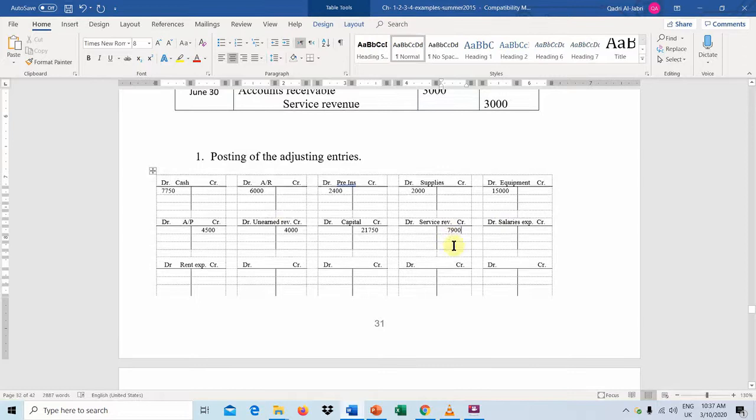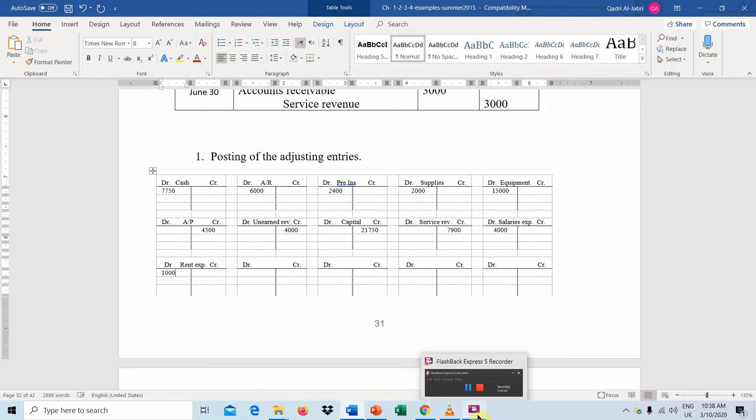Then the expense, the first expense, I have debit for 4,000 and rent expense debit for 1,000. Okay, so all what I have done so far is taking the balance from the trial balance and putting it in the ledger. Now next step, I will check these journal entries and the adjusting entries and take the balances from them.